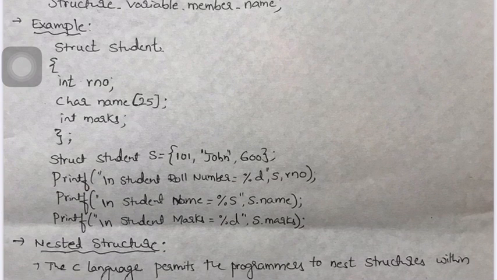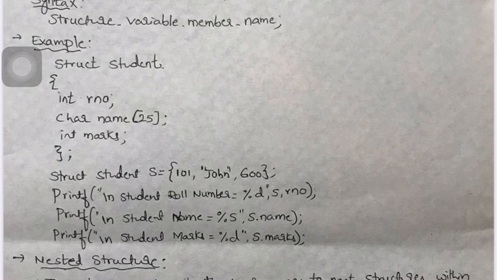Here one member is roll number. We use the s dot operator to access that particular structure member. Like that, s dot name, here name is again an individual member, we are accessing it using the s dot operator.